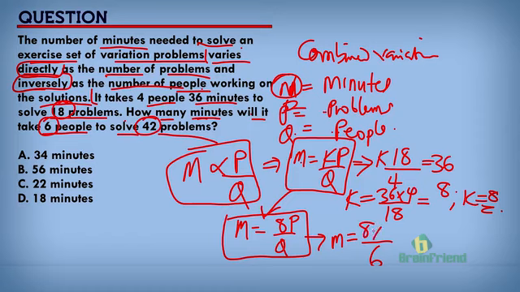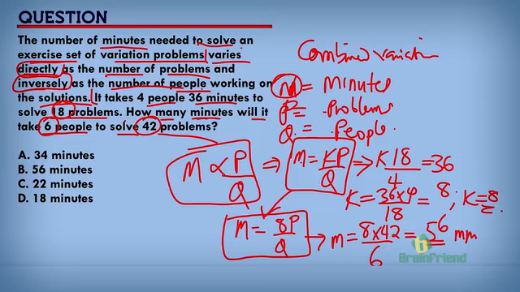So we have 8 times 42. 8 times 42 all over 6 will give us our value M, that is the number of minutes it will take 6 people to solve 42 problems. 8 times 42 all over 6 will give us 56 for an answer.